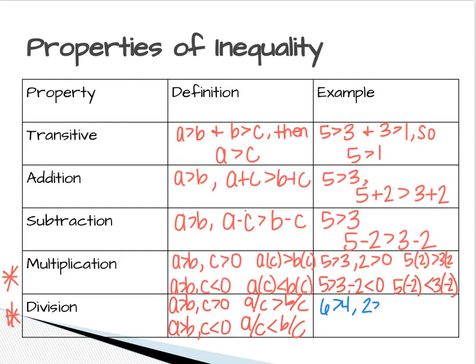And then we'll say 2 is greater than 0. Well, 6 over 2 must be greater than 4 over 2. But if I've got 6 is greater than 4 and negative 2 is less than 0, 6 over negative 2 is less than 4 over negative 2.